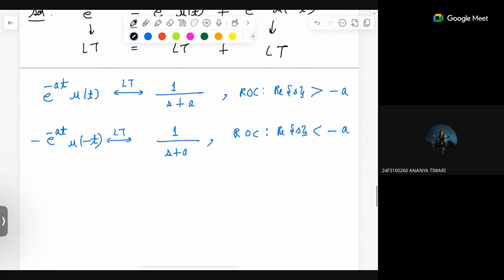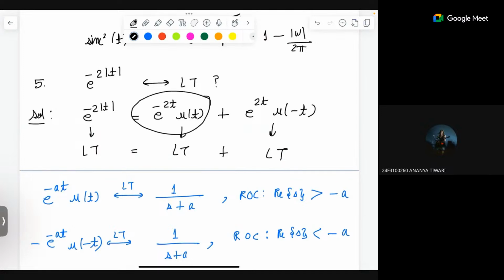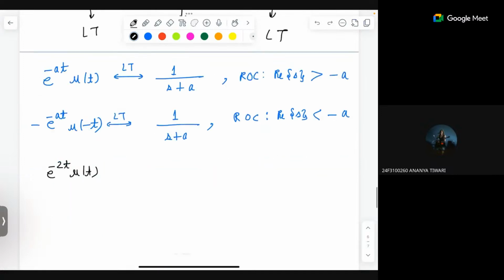So let us see. E raised to the power of minus 2t u of t, the first term, will have a Laplace transform 1 upon s plus 2. ROC will be real of s greater than minus 2.